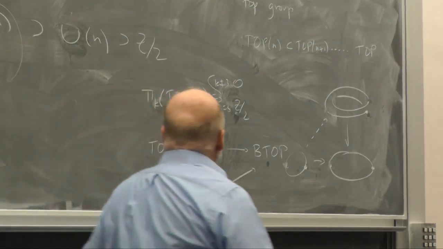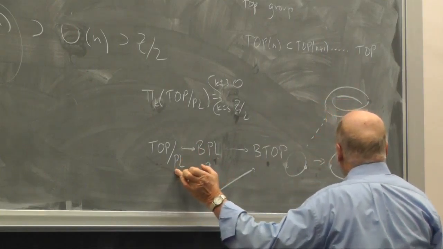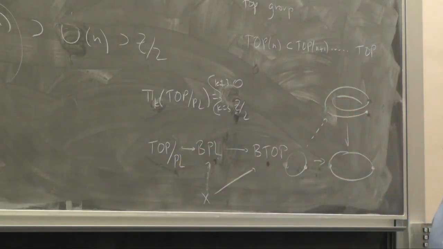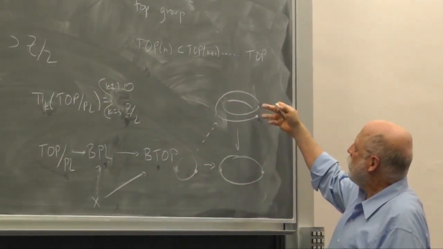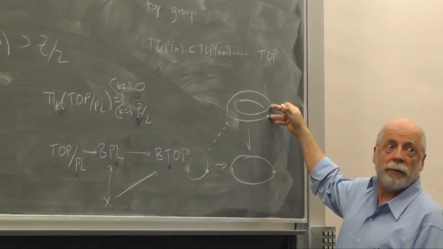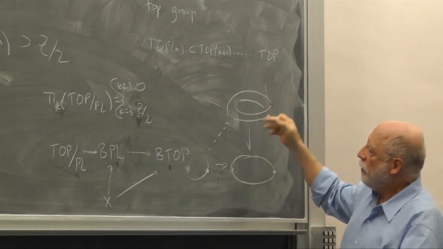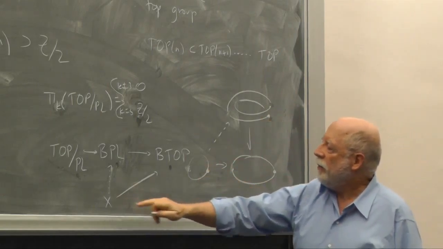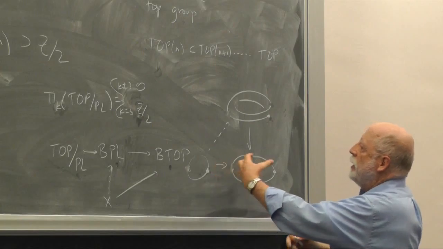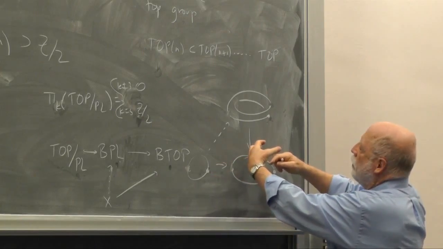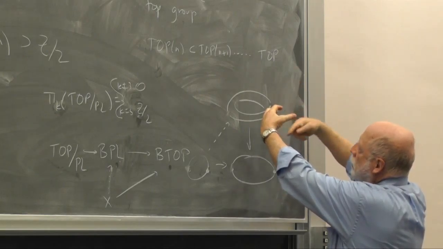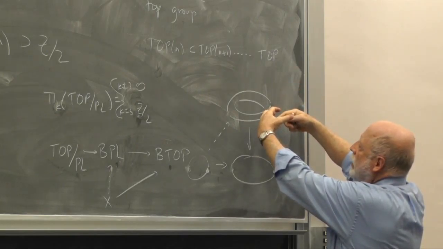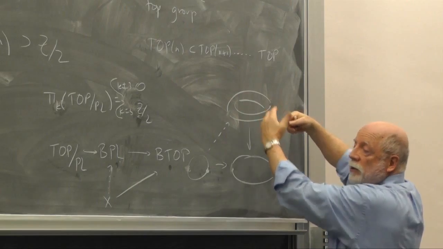So therefore, when you're trying to lift, see, here the obstruction was on a one cell and the obstruction lay in pi naught of the fiber. Well, here there's going to be a four cell mapped in, and it's already defined on the boundary, and the boundary is going to go around an element of pi 3 of the fiber, and if that element is non-zero, then it won't extend.